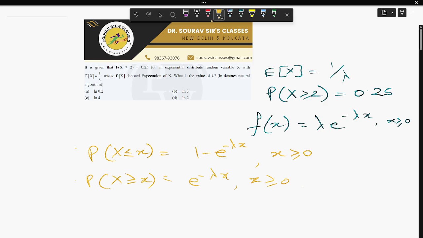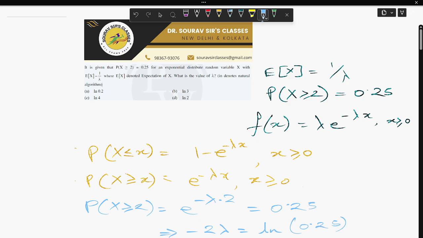Now we are going to use the given probability, which tells us that the probability of X greater than or equal to 2 is 0.25. Using the survival function, the probability of X greater than or equal to 2 equals e to the power minus lambda into 2, which equals 0.25. From this we can write minus 2 lambda equals ln of 0.25.